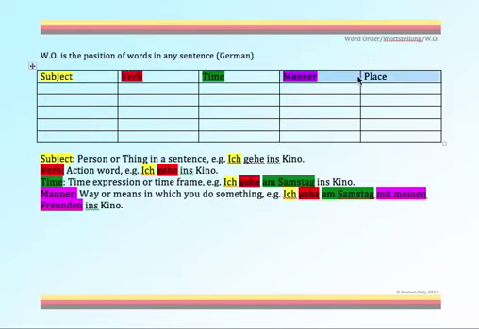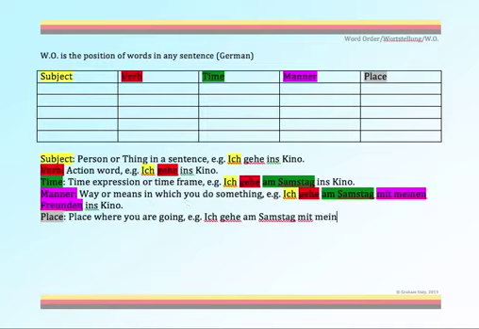Now, the last is place. You probably guessed it from the sentence. It's ins Kino. So the place here is the place where you are going. So for example, ich gehe am Samstag mit meinen Freunden ins Kino. What part is the yellow part?